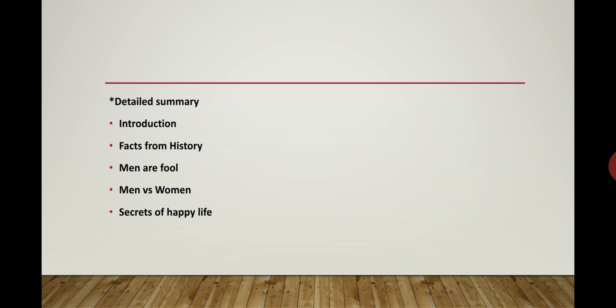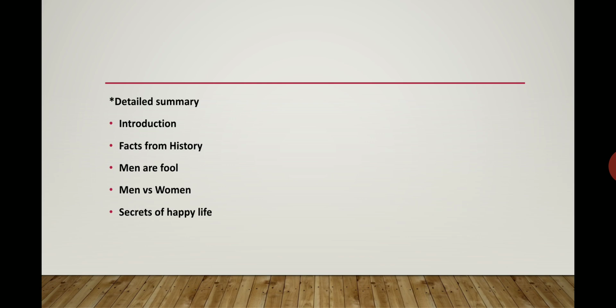In the chapter Give Her a Patron, D.H. Lawrence discusses the basic points which are responsible for the happiness of family, and the role of both man and woman is very important for a happy and peaceful family.